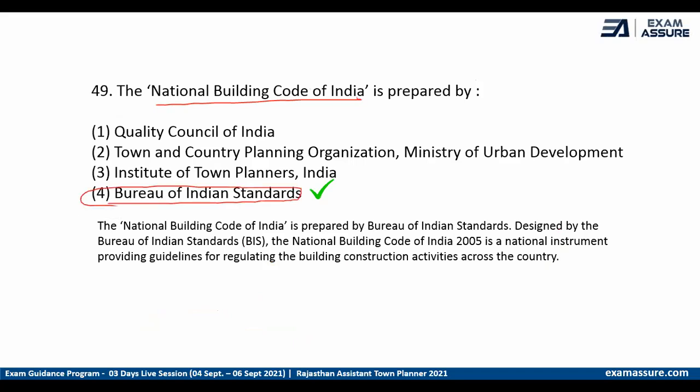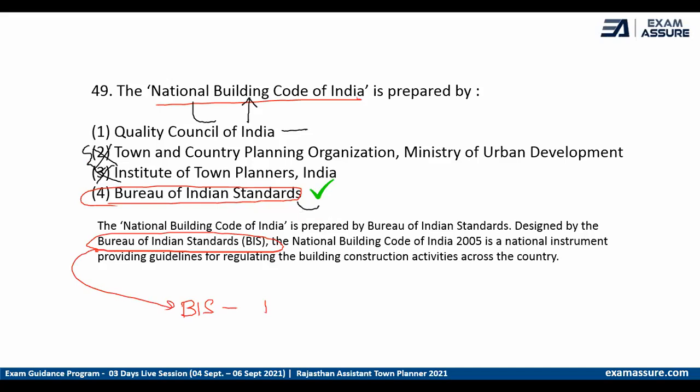The word building tells you it's not something to do with town planners. Town planning-wise, the NBC would not ideally be given by any planning organization, so you can eliminate these 2 options and be left with these 2. But BIS is generally the one which gives out most of the codes.